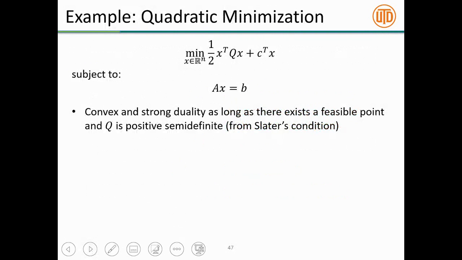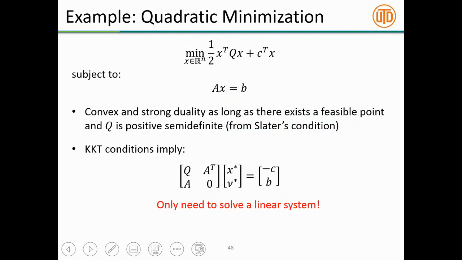Where we had stopped was showing that for some problems, the KKT conditions can lead to simple solutions. In particular, for this quadratic problem, if we just write down the KKT conditions, it gives us a linear system, and we could just solve that linear system to find the optimal x star and nu star in this example.